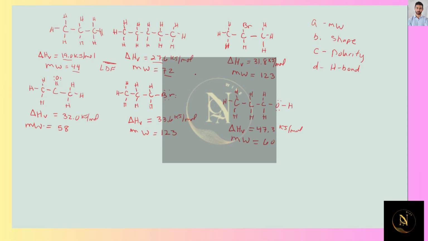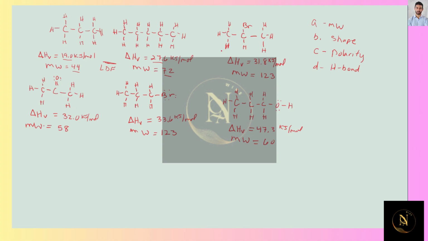In part B, we're looking at shape, and shape becomes important in terms of interaction between the molecules when they're trying to form these intermolecular forces. Straight chains, like these first two, can stack up on top of each other. They can form London dispersion forces all along the length of the molecule, and that's going to form stronger intermolecular forces than if they're interrupted by a bent shape or a big atom in the middle here.